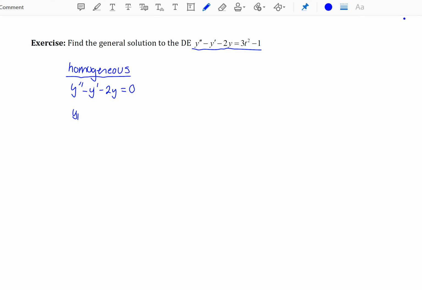And so we should know our homogeneous solution should look like C1 e to the 2t plus C2 e to the negative t. This is our homogeneous solution.